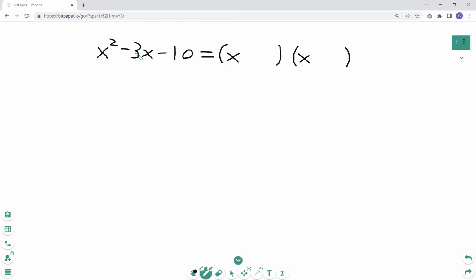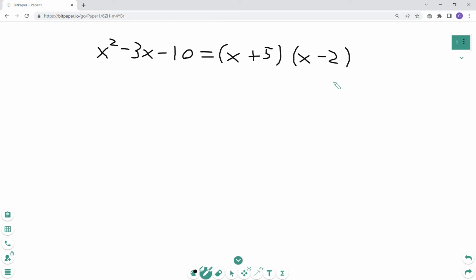But now, there's a caveat here because I got to make one of them negative, because when they multiply together, I have to get negative 10. So I'll choose positive 5 and then negative 2, because if I multiply them together, I get negative 10. Wait a minute though.